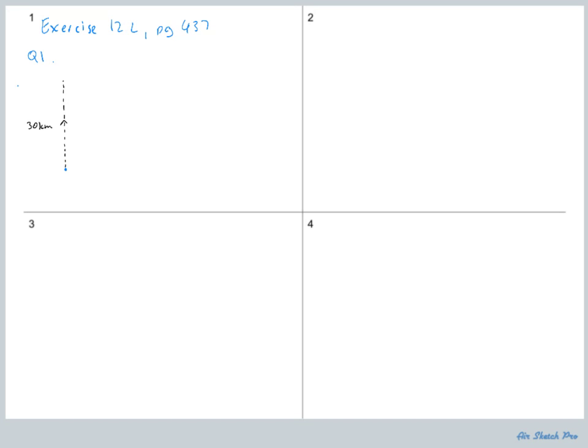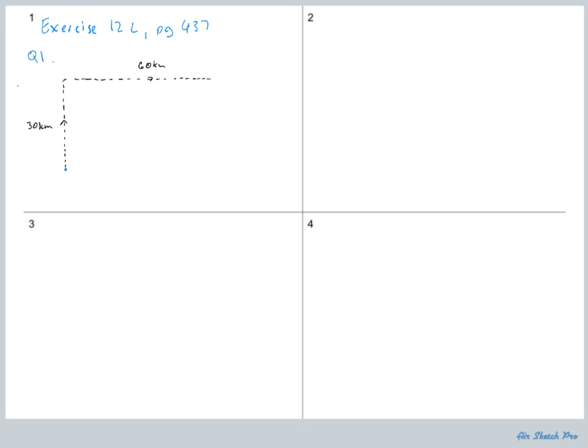And 60 kilometers east. I'm just trying to make sure that I give myself enough scale. So 60 kilometers east. Was that about right? A bit longer, maybe? Okay, so 60 kilometers east.